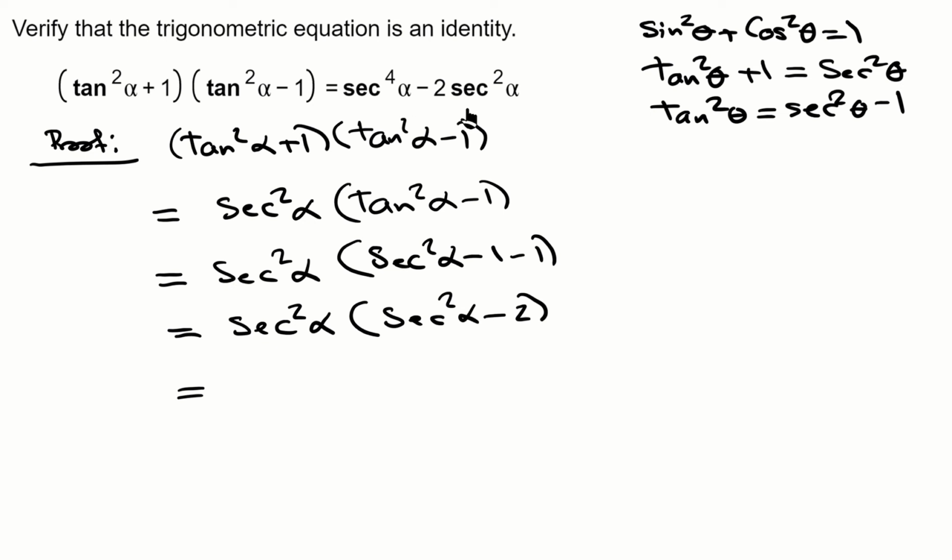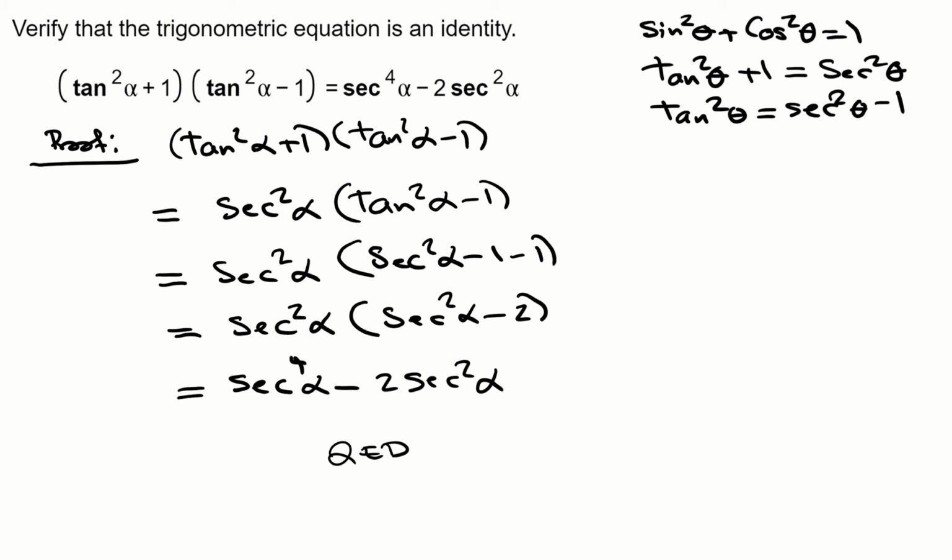Keeping in mind where we're headed, we can see that once we distribute that, we should be home. So we end up with secant to the fourth alpha minus 2 secant squared alpha, which is precisely where we wanted to end up. And at this point, we are finished with our proof, and we can say QED.